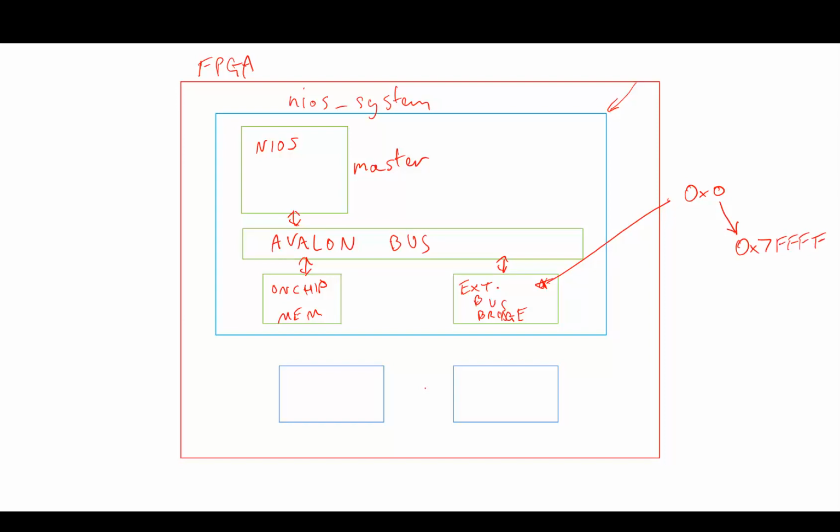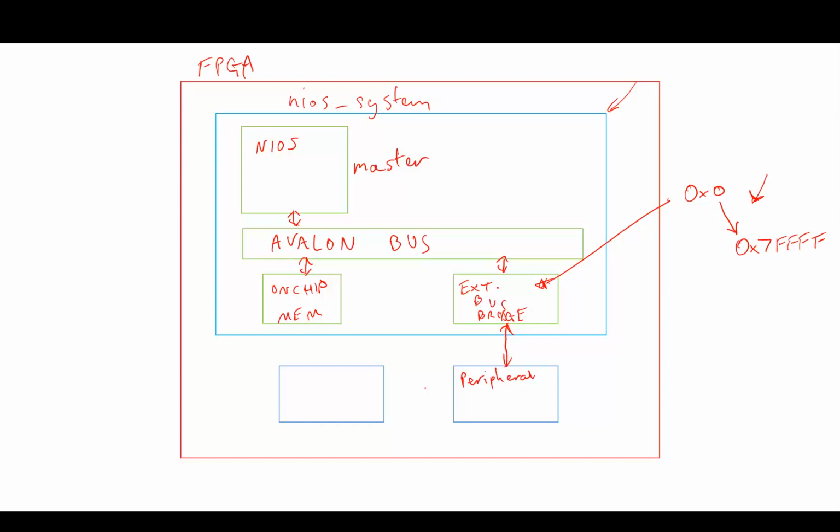That means if the Neos processor was to do any store word or load word or store or load transaction to an address within this range, then it would be accessing whatever is connected to the external bus bridge. So there is a connection out of the Neos system to this module here via the bus bridge. And this is your peripheral module, the peripheral on external bus.